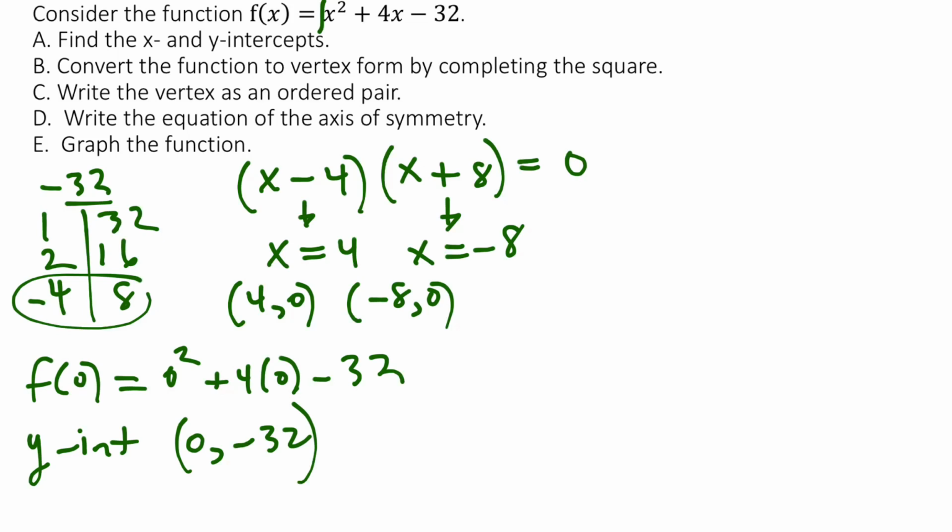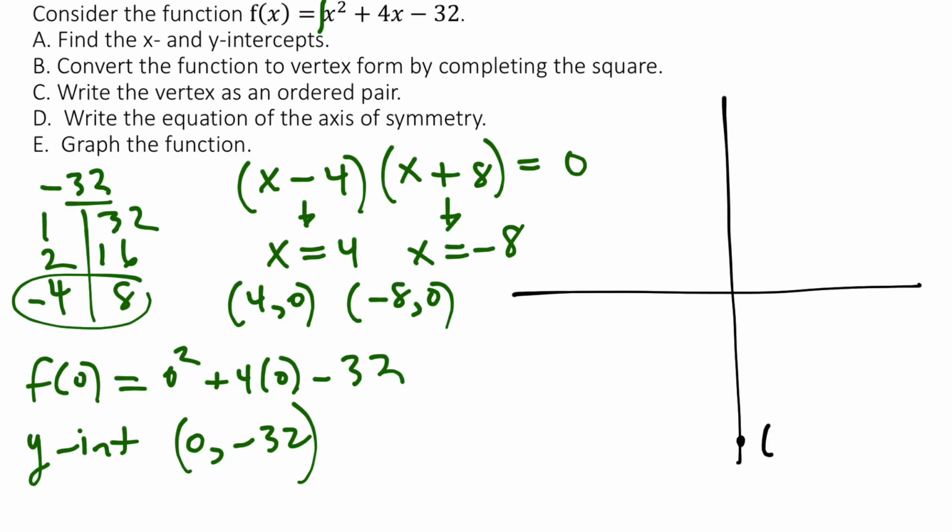So I'm going to make a little sketch. So my y-intercept is 0, -32. I've got an x-intercept of 4, 0, and an x-intercept of -8, 0.